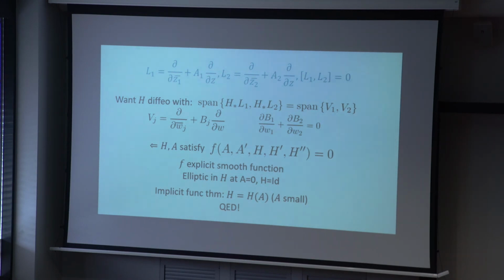All right. I think that I want to talk a little bit about what happened here. So what we wanted here was to apply the implicit function theorem. And the way that works is you set A equals 0, you take the derivative in H, you want the derivative in H to be a right invertible map. That's how you would solve like this. Like I said, because this is second order in H, the derivative in H at H equals the identity is going to be a constant coefficient, elliptic, linear partial differential operator of order 2.